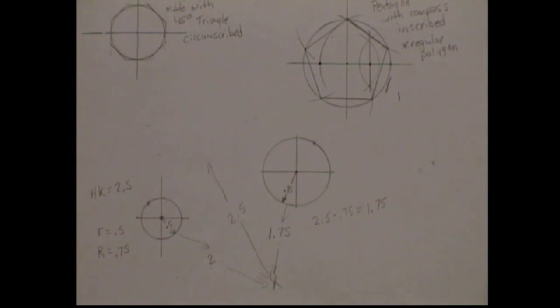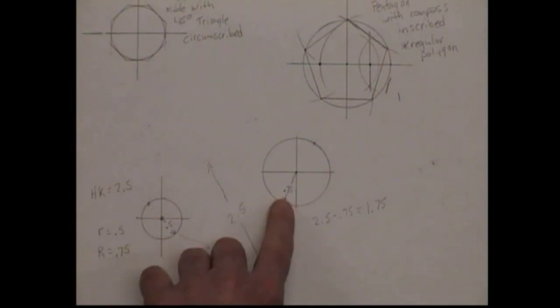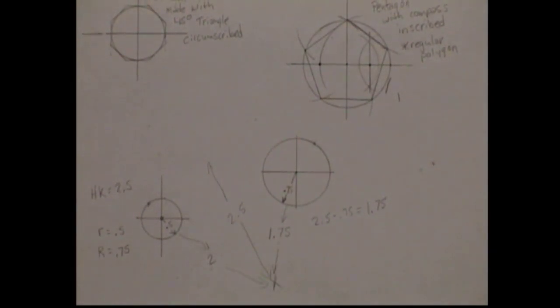Okay, so let's try that. Your distances might be different, okay? Because if you're doing this with me, you're going to have to measure what your circles were. But just follow along with me.